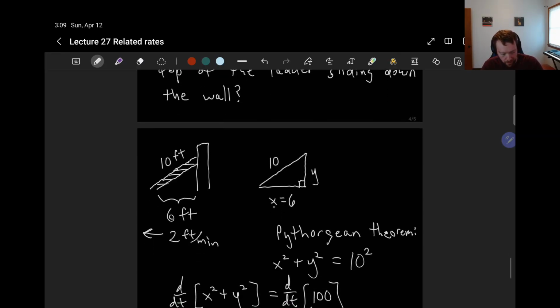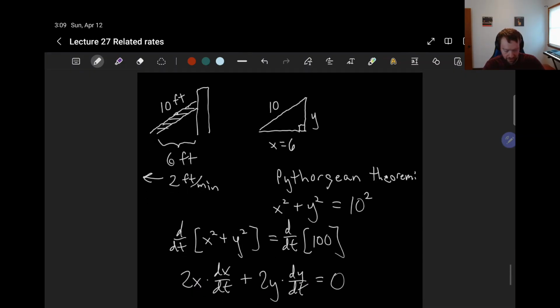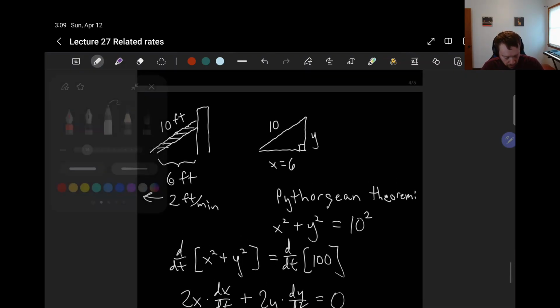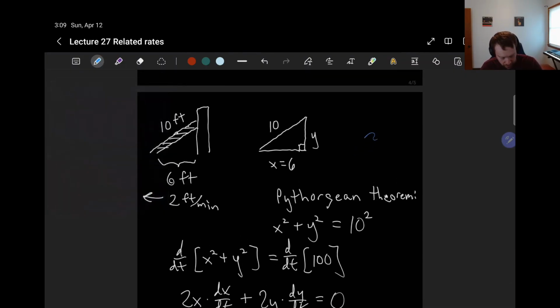I know at this moment of time how far away the base of the ladder is, 6 feet. And I know how long the ladder is, 10 feet. And based on this relationship, the Pythagorean theorem, I can find y. So maybe I'll write that over here, at the top.